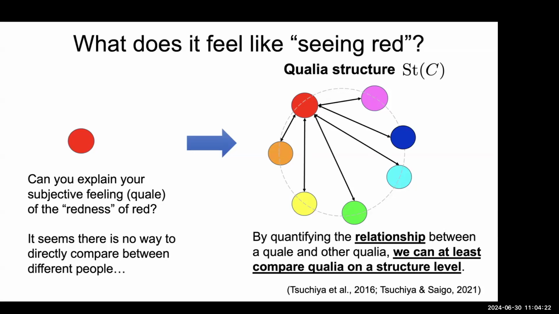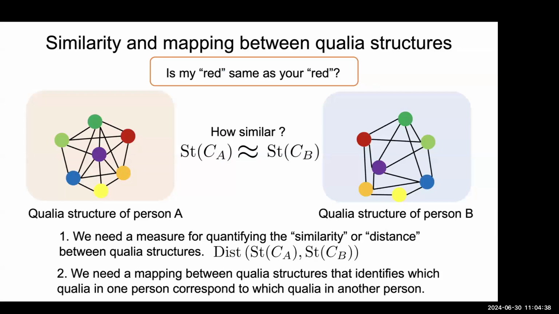By quantifying this relationship between a quale and other Qualia, we can at least compare Qualia on a structural level between different individuals. That's our basic approach. And what we need for this structural approach to assess this ancient philosophical question, is my red the same as your red?